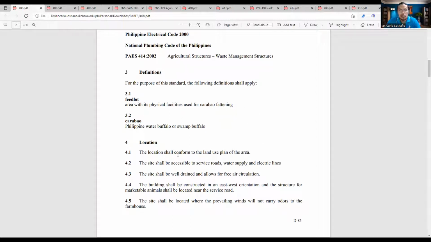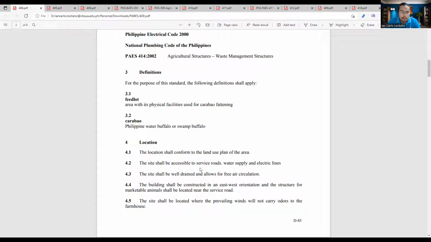So the location. Again, the word shall is indicative of a provision or a standard that should be followed. So the location shall conform to the land use of the area. Unfortunately, in the Philippines, there's no law on the land use still, although certain areas such as cities and municipalities could adopt their own.